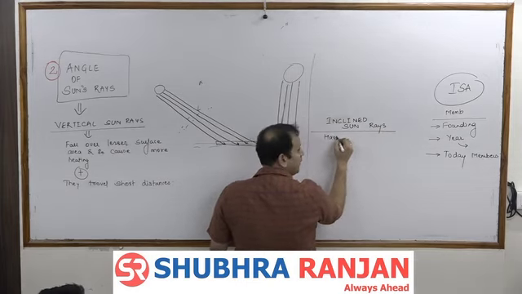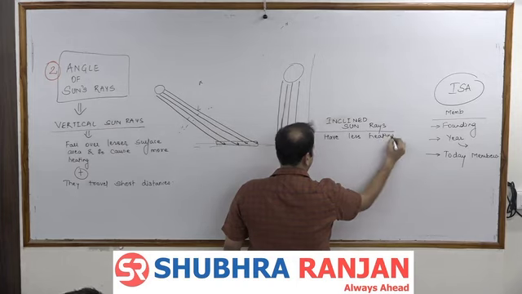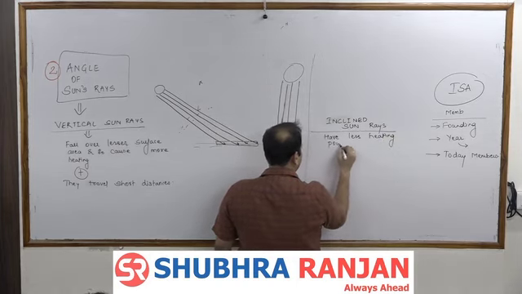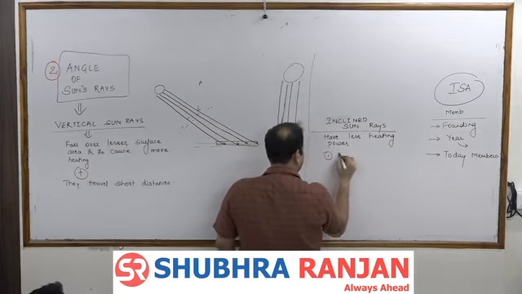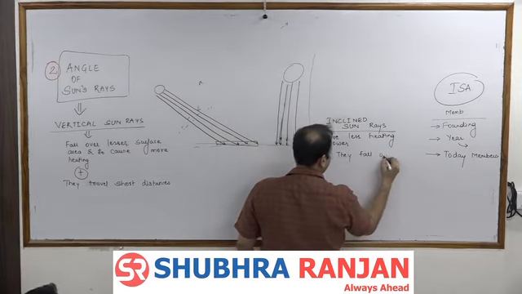Inclined rays have less heating power. Why? Because first, they fall on a larger surface area.